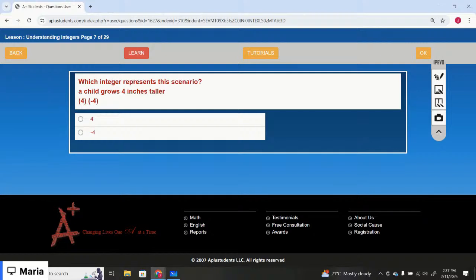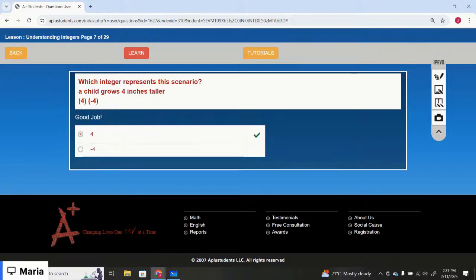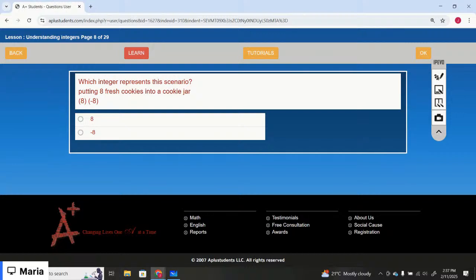Which integer represents the scenario? A child grows 4 inches taller, so that is an increase. Option number 1 is the correct option. Which integer represents the scenario?